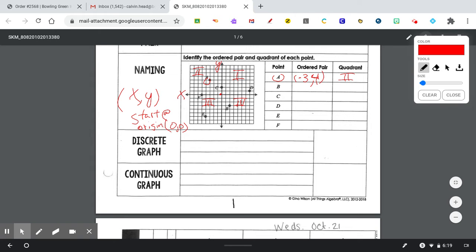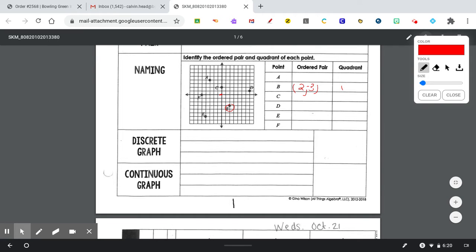Now let's look at B. Here's B. So I'm going to clear that out. I start at the origin. I'm going to the right, 1, 2. So that's a positive 2. And then I'm going down 1, 2, 3. That's negative 3.